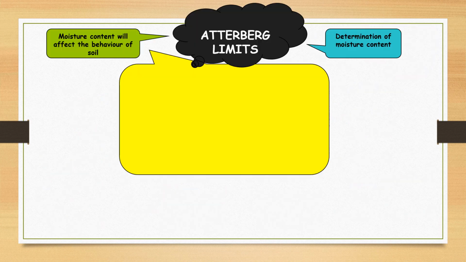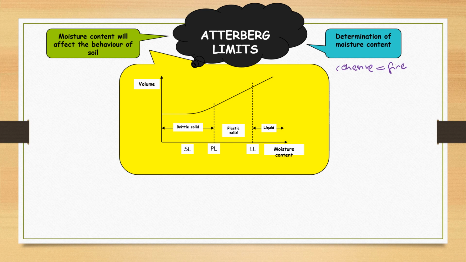So what actually is the Atterberg limit test? This test is carried out to further classify the type of cohesive soil. Remember when I say cohesive soil, it means that we are talking about fine grain soil. The definition is associated with moisture content, which deforms from plastic to liquid.